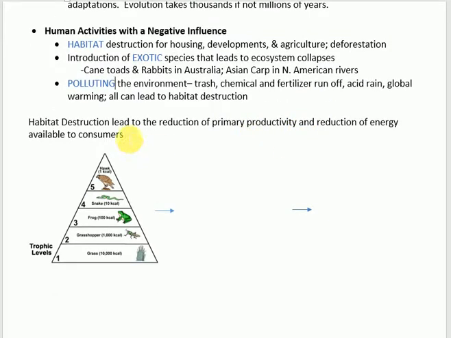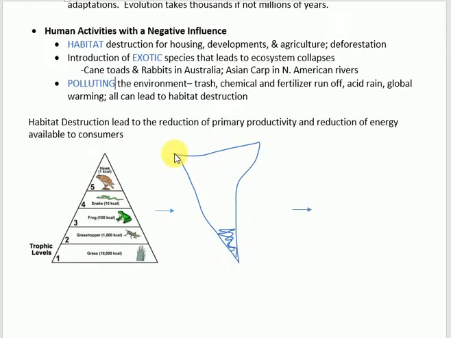So what happens is the habitat destruction can lead to the reduction of our primary producers. And it's also a reduction of energy available to our consumers. So what happens is over time, this gets smaller and smaller and smaller, just like that growth rate that we looked at. And then we end up with that reverse funnel that we just talked about. And this is unstable. This is a stable picture. This is unstable because this amount down here, this is what is available for energy for our consumers.